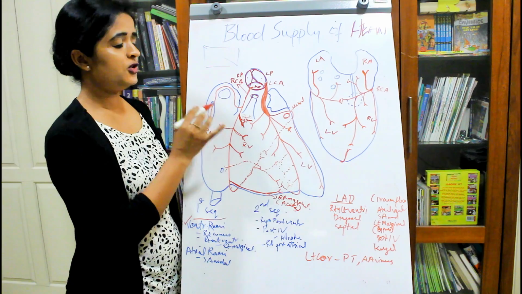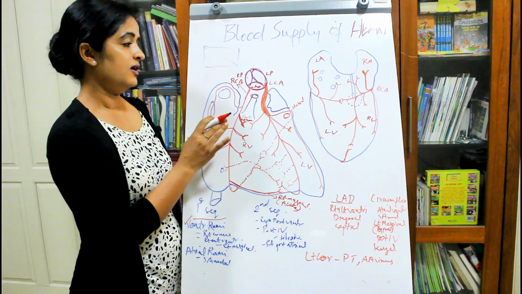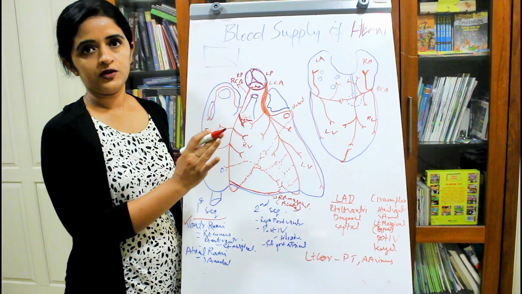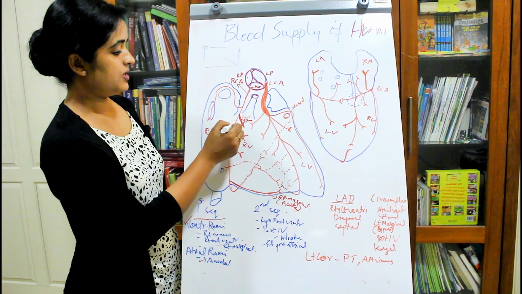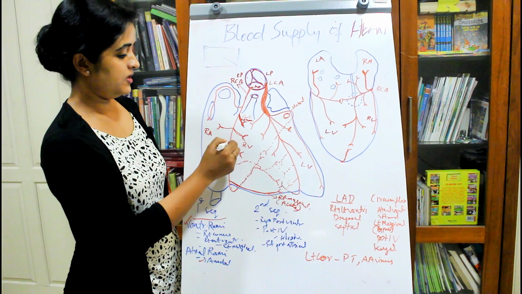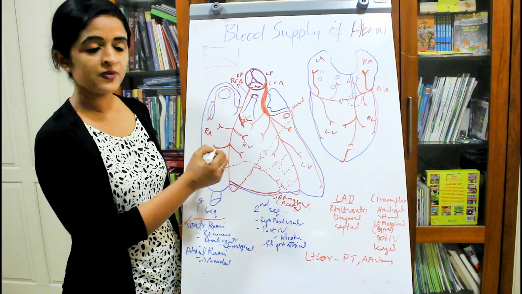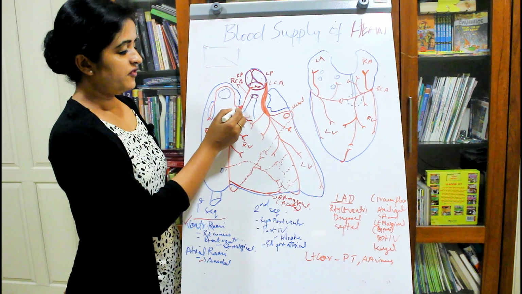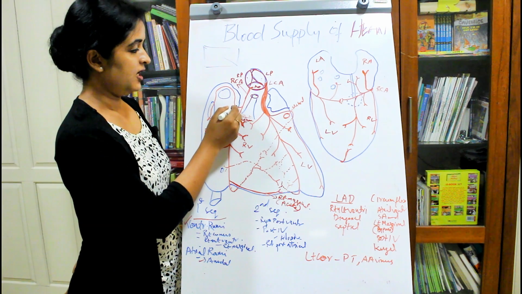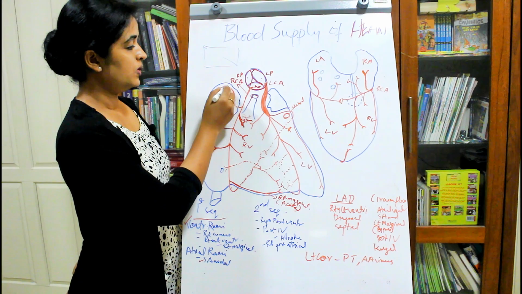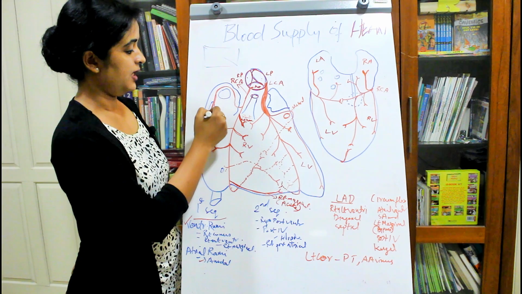Now what are the atrial branches of the first segment of the right coronary artery? You can see many branches supplying the right atrium. Can you see these branches supplying the right atrium? Now one of the atrial branches will be moving towards the SA node.